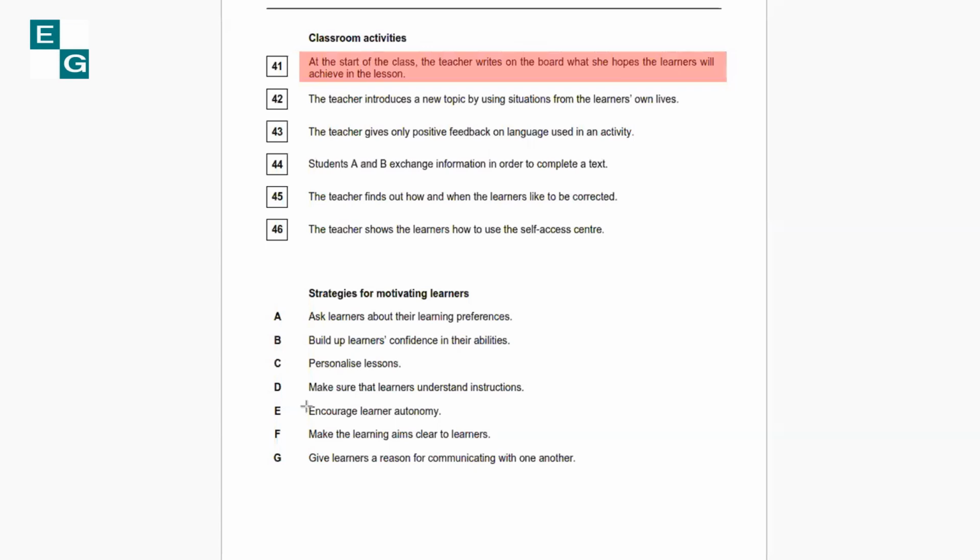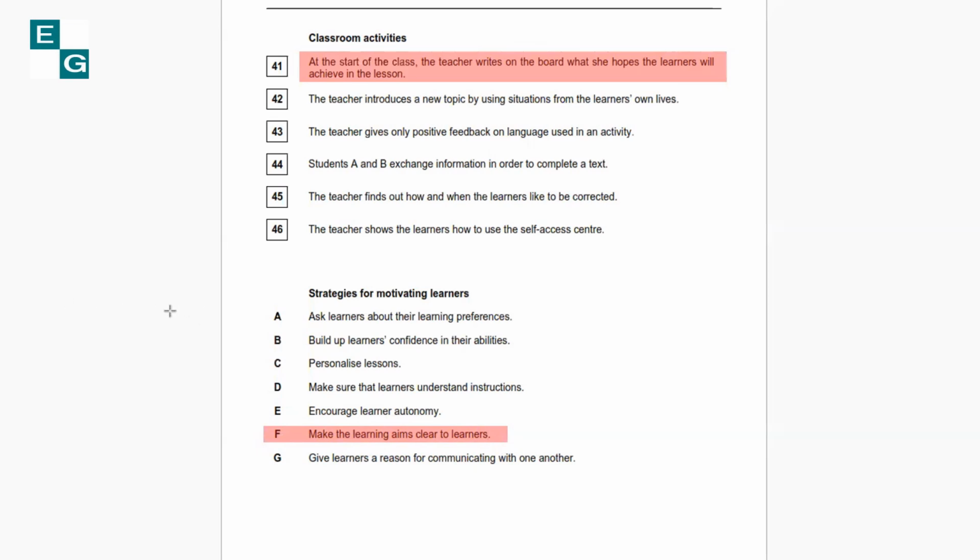I hope you can read these options. And you can consider the word aim. Aim. That means you are making the learning aims clear to learners, to what they are going to learn. The aim is your objective, what you want your learners to learn.